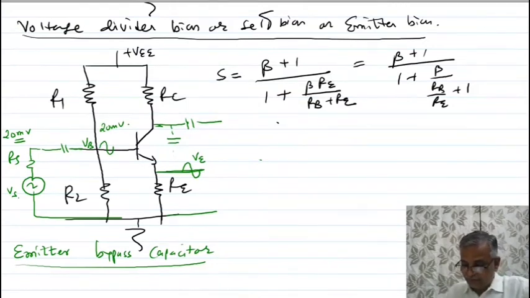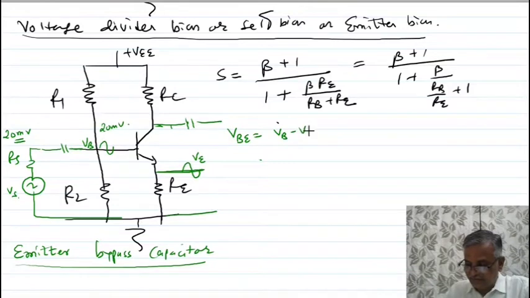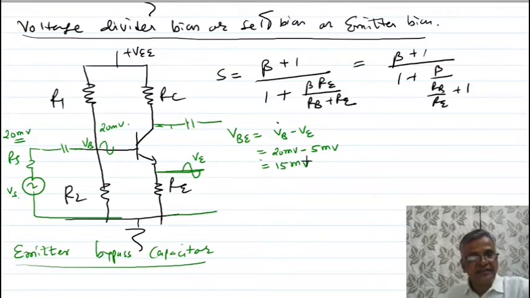Now, due to the AC voltage developed across RE, if you find the base emitter voltage, this is 20 millivolt. Suppose the emitter is 5 millivolt, suppose I am writing. Then your AC input voltage is reduced.